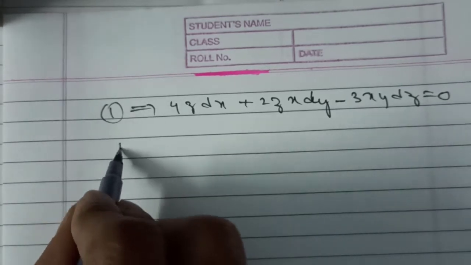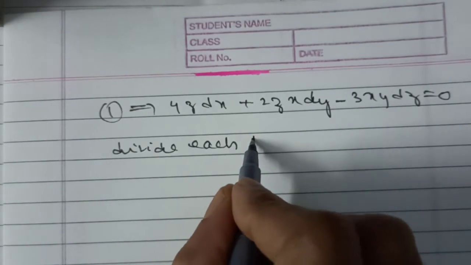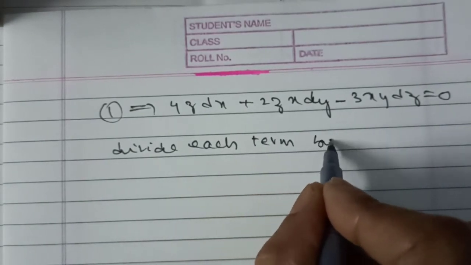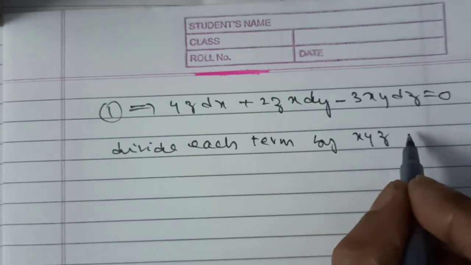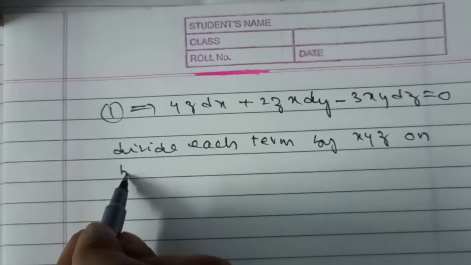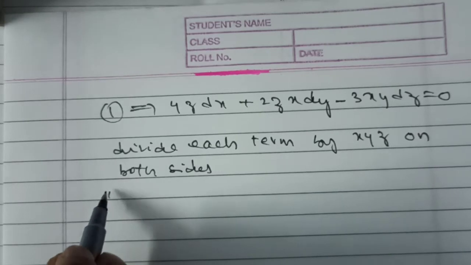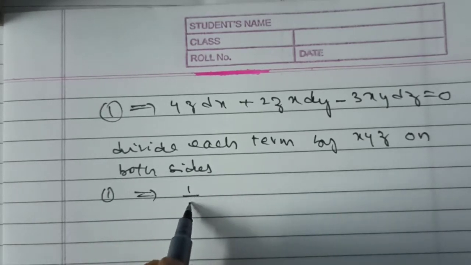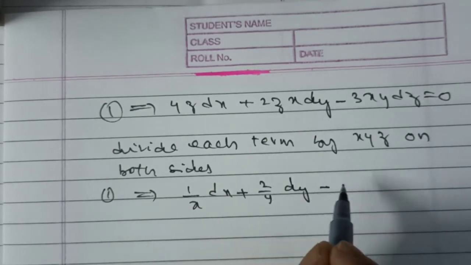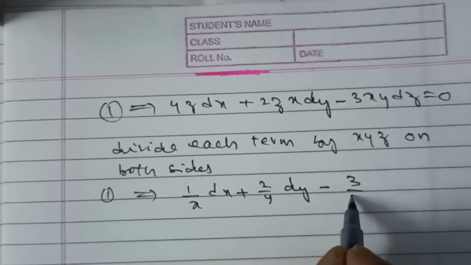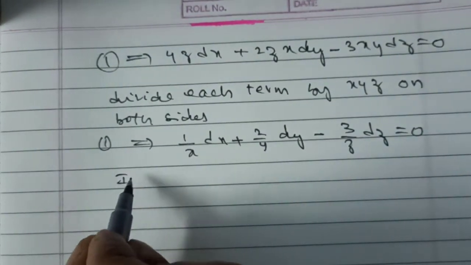Divide each term by xyz on both sides. So it implies 1 by x dx plus 2 by y dy minus 3 by z dz, which can be easily integrated.